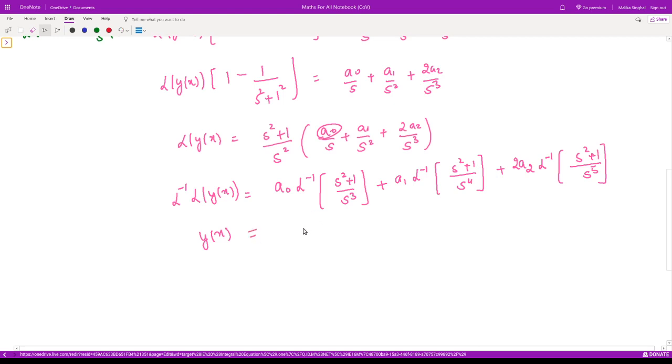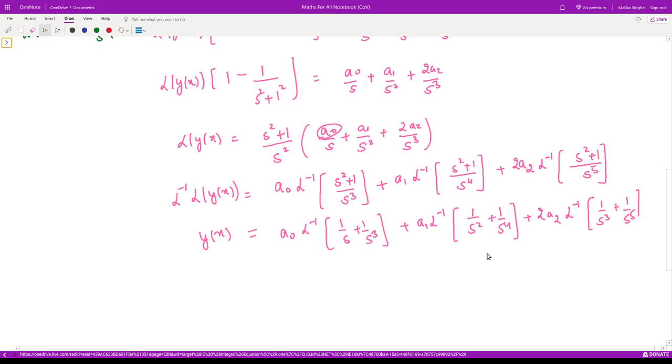So after solving this, what do you get? You'll get a naught. You can write this term as 1 by s plus 1 by s cube. You can write this term as 1 by s square plus 1 by s raised to power 4, plus 2a2 Laplace inverse of 1 upon s cube plus 1 upon s raised to power 5.